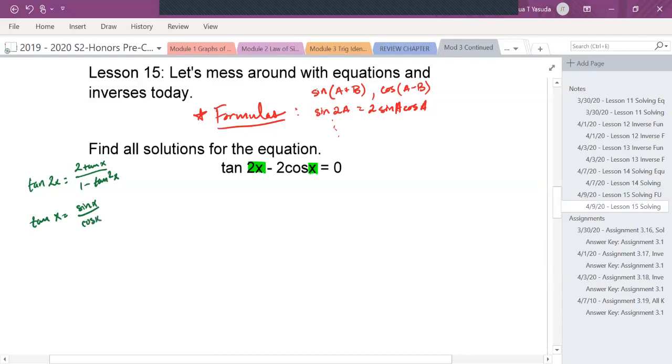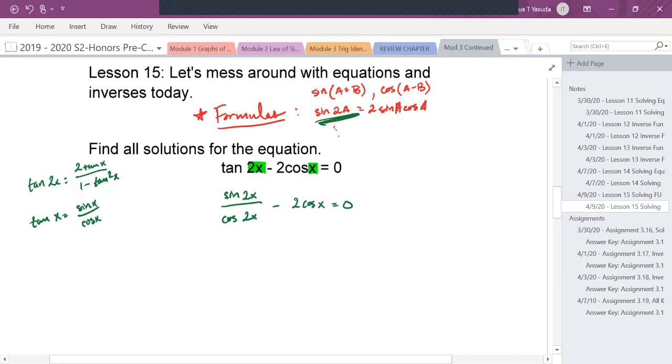So I would say tangent of 2x is sine of 2x over cosine of 2x, minus 2 cosine of x equals 0. And now from there, I have some double angle formulas, right? We have a sine double angle formula. We also have a cosine double angle formula.